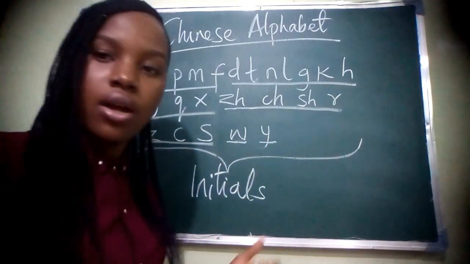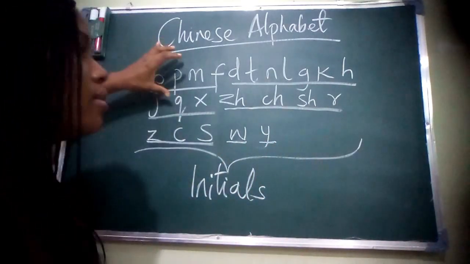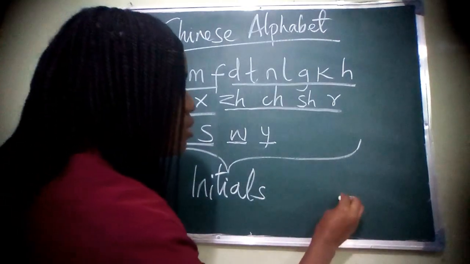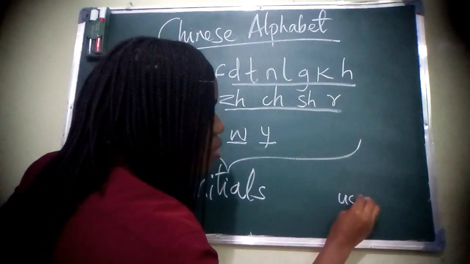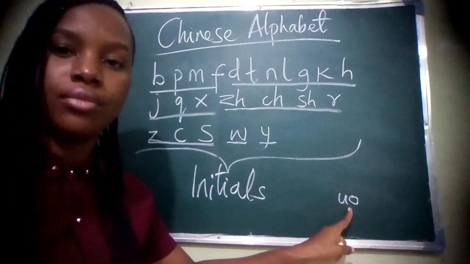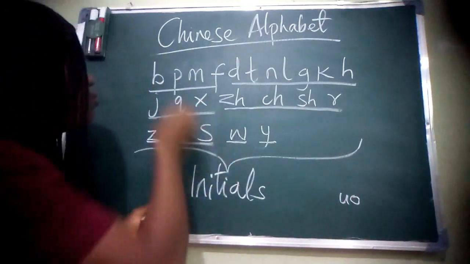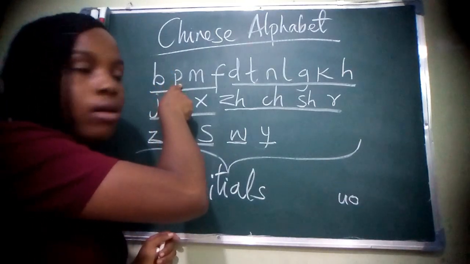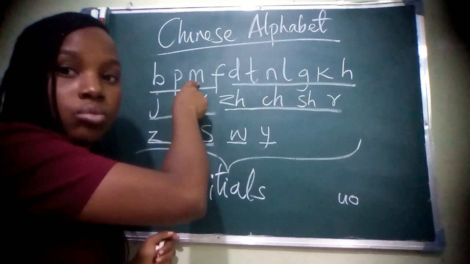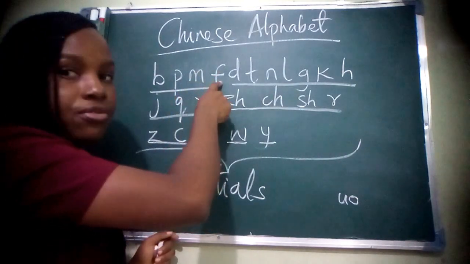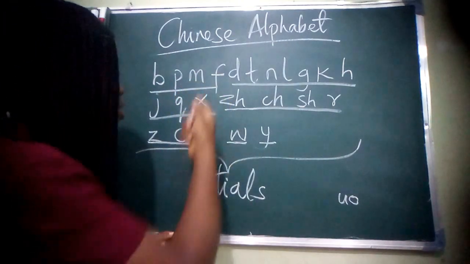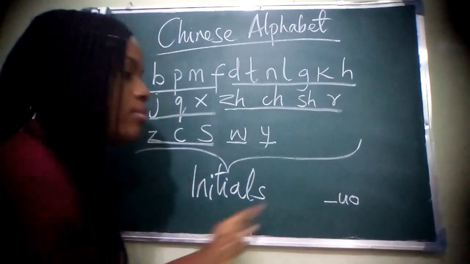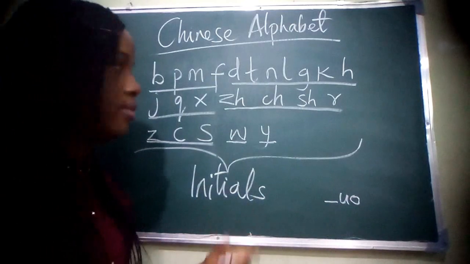Okay, let's start with this group. This group mostly ends with uo, or so bo, p, po, m, mo, f, fo. So you are just substituting this here, add to this and you get the sound.